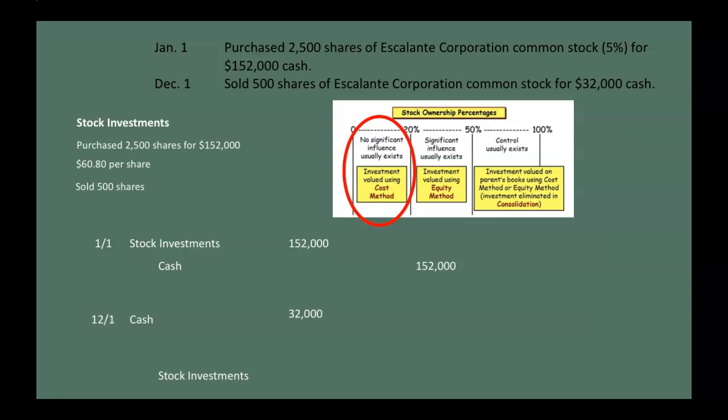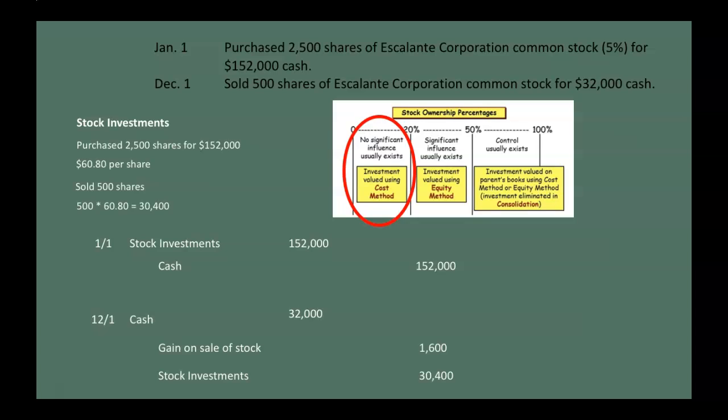Here on December 1st, we're selling 500 of those shares. So we take 500 times that per share cost of $60.80, and we get this $30,400. So, once again, your debits and credits don't equal.